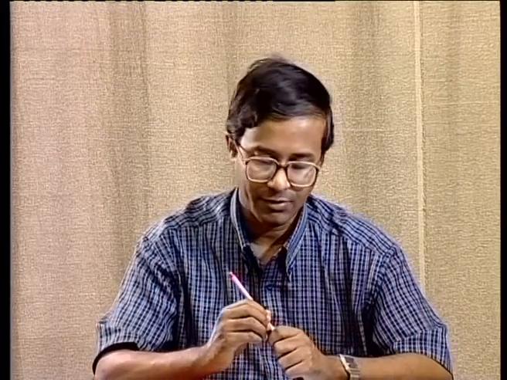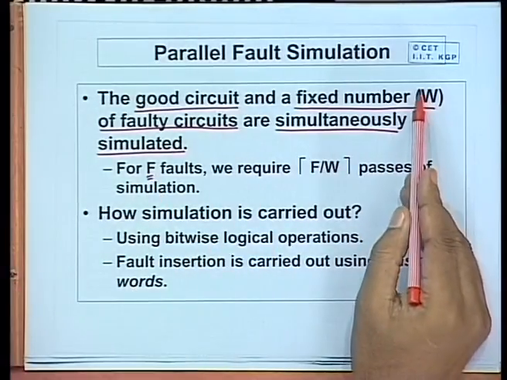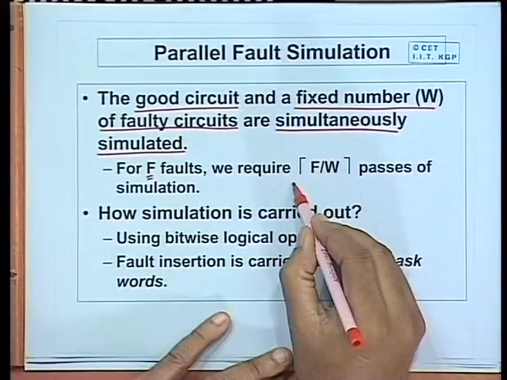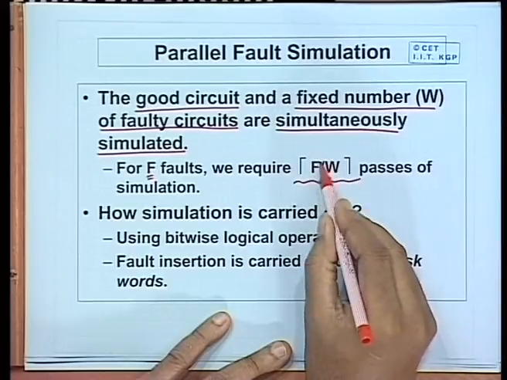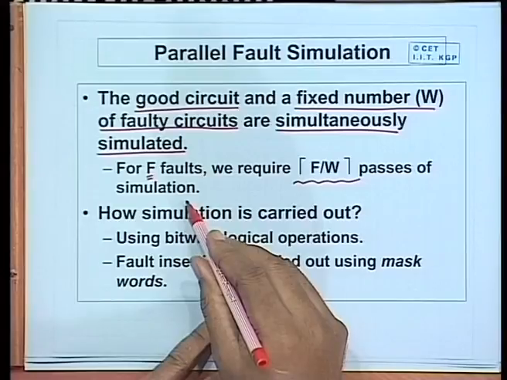Either you are simulating the good circuit or you are injecting a fault and simulating the faulty circuit. But here we are simultaneously simulating the good circuit and W number of faulty circuits all together. So, if there are a total of F faults, since we can simulate W faulty circuits at a time, we would need the ceiling of F divided by W passes of simulation.